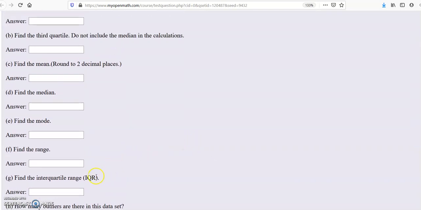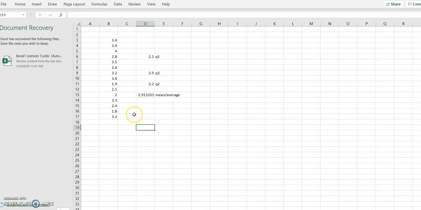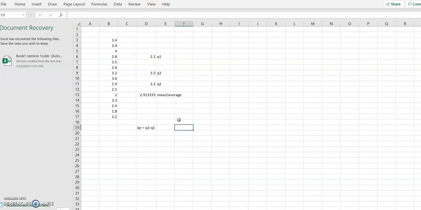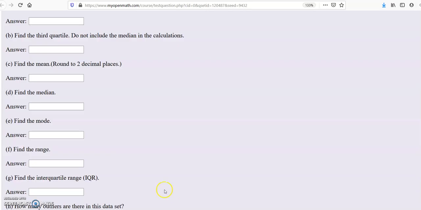The interquartile range is Q3 minus Q1, so IQR equals Q3 minus Q1. I'm just going to do it in Excel: you hit equals Q3 minus Q1. Okay, 1.4.